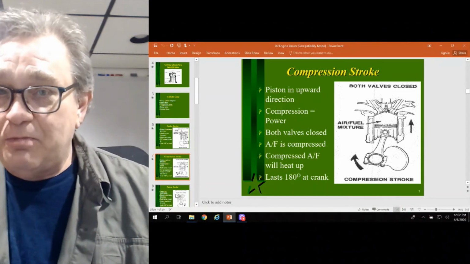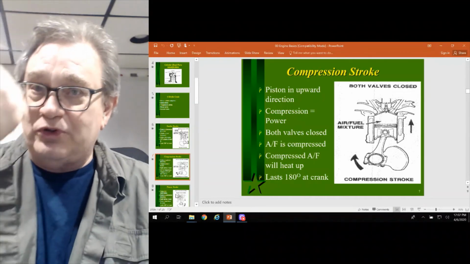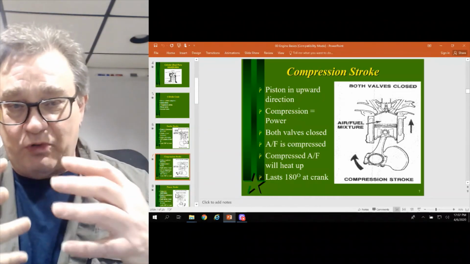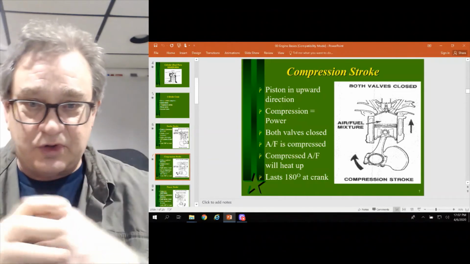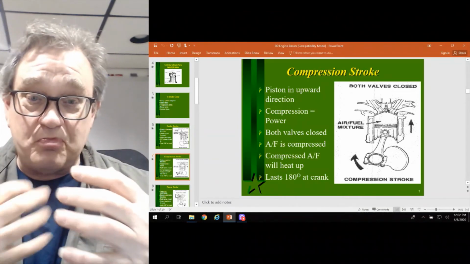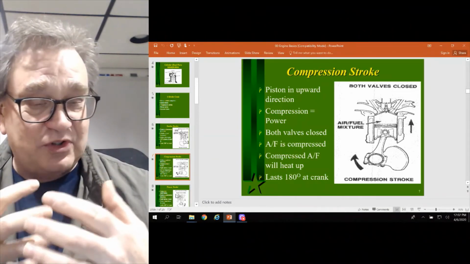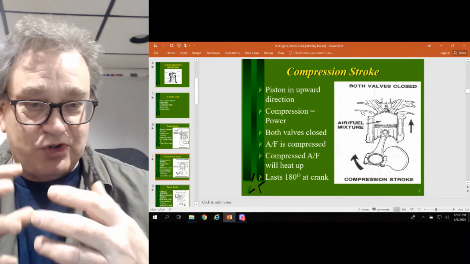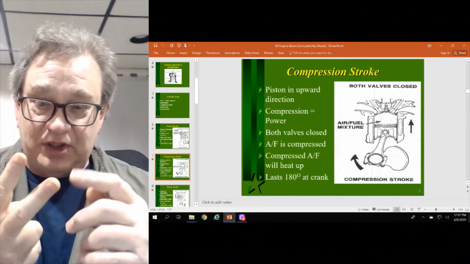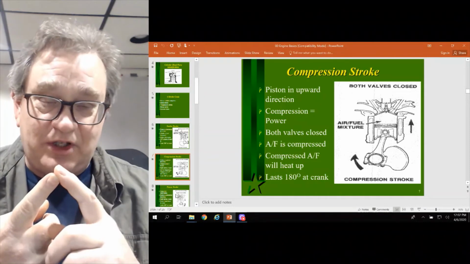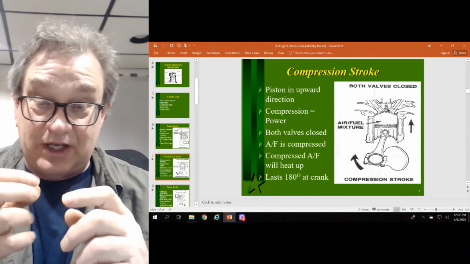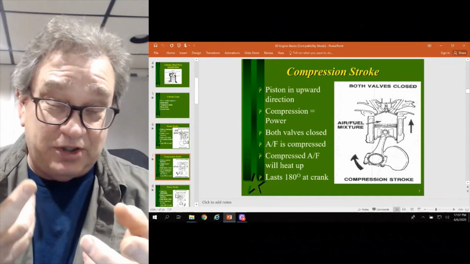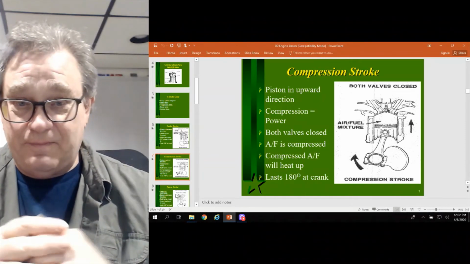Now, the piston's moving in an upwards direction, and both valves are closed, so we've sealed the cylinder off. The air-fuel mixture is compressed. When we compress this air-fuel mixture, it does two things. It heats it up, and it helps mix it. It helps the fuel vaporize inside the cylinder. We need good vaporization so that we have a good fire.